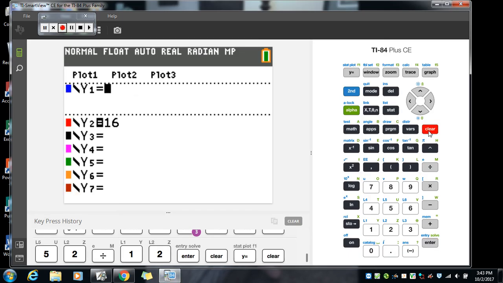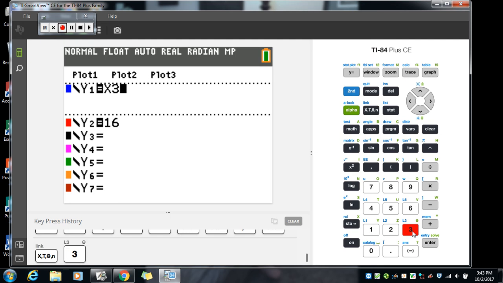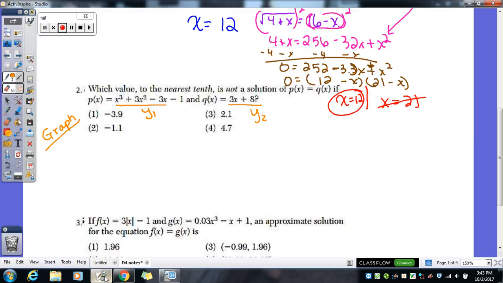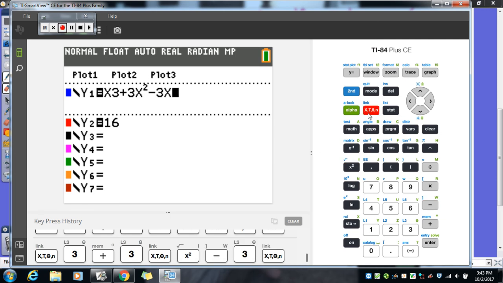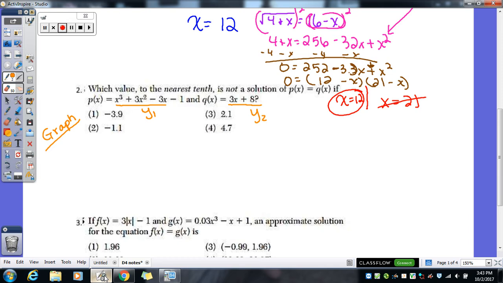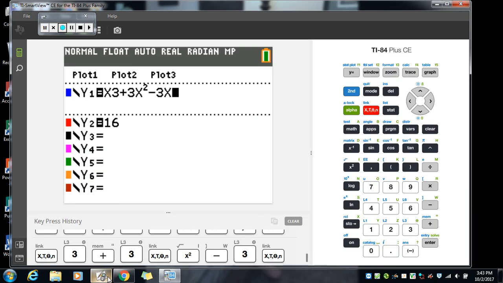Clear that out. So we've got x cubed plus 3x squared minus 3x. Oh, I didn't get my x cubed. I'm going to have to fix that. Minus 1.